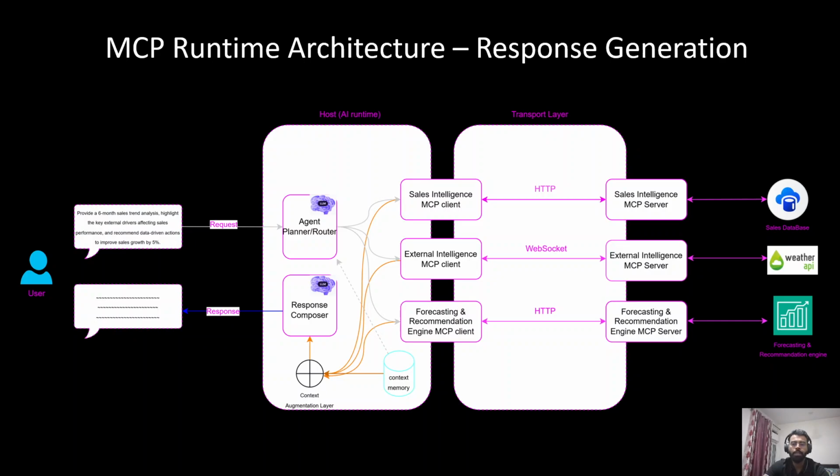This information is then passed through a context aggregation layer, which consolidates responses from all MCP servers before forwarding them to the response composer. This is the response composer, which generates a coherent final output for the user.